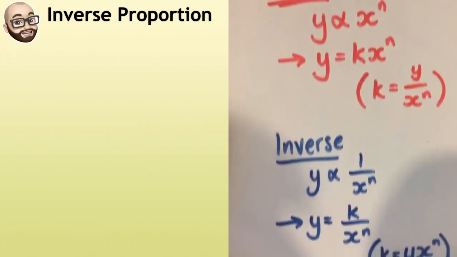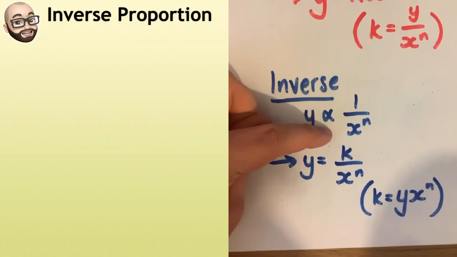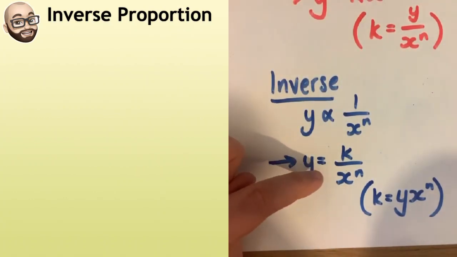All we need to do for inverse is write them as a divide instead. So the formula is going to be, first of all, y is proportional to 1 over x to the n, and y equals k over x to the n.